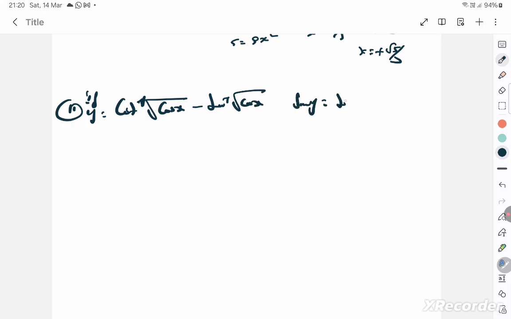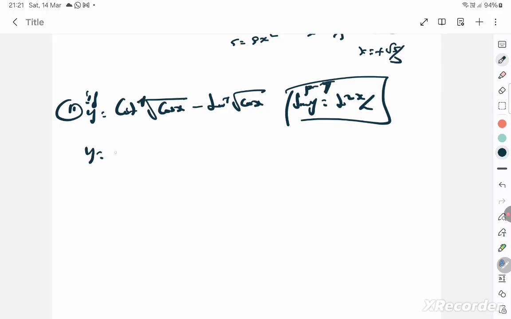This is the 11th question. If y is equal to cot inverse of root of cos x minus tan inverse of root of cos x, prove that sin y is equal to tan square x by 2. Okay, this is a sum which we have already done in the class on the hot sums.